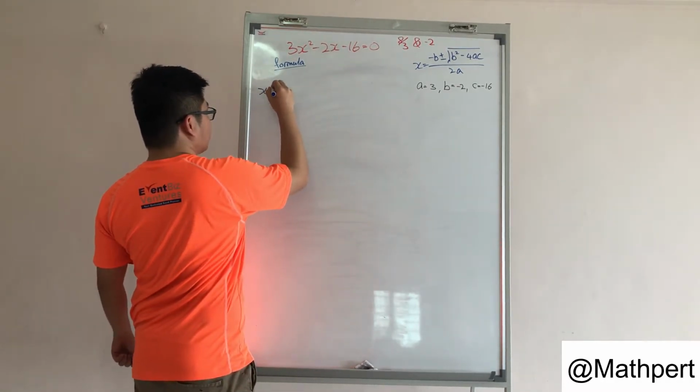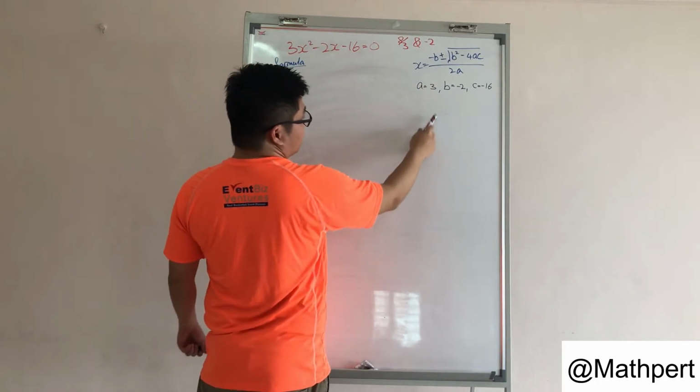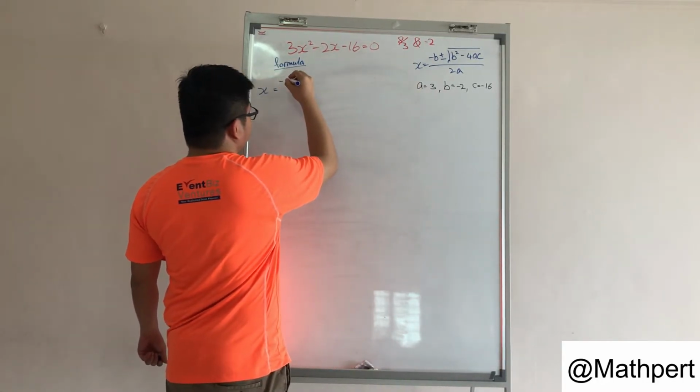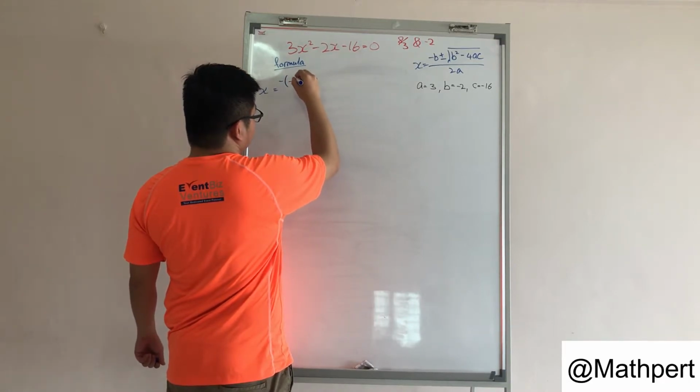So x is equal to negative b, and b is negative 2, which is here.